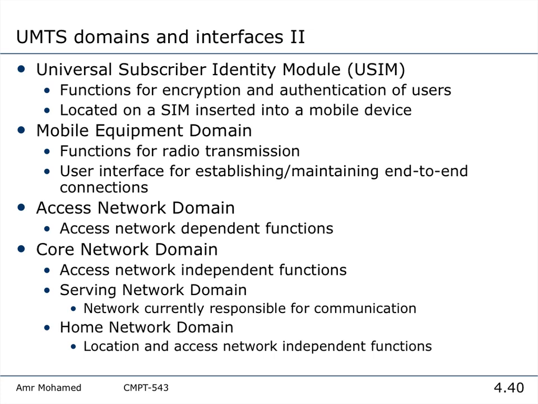And then there is the access network domain, which provides all the access network dependent functions, including radio resource allocation and all of this. And there is the core network domain, which handles the network independent functions, including everything related to billing, provisioning the different types of services, whether you have access to a particular service or not, and so on.